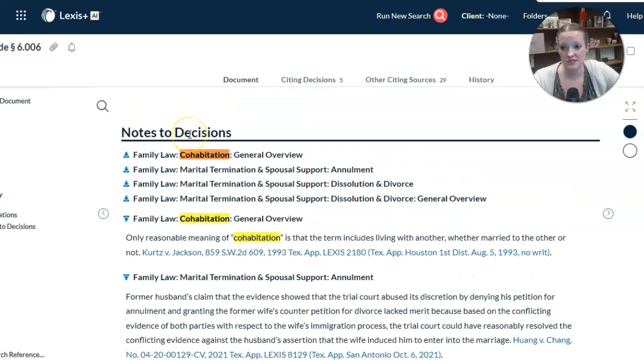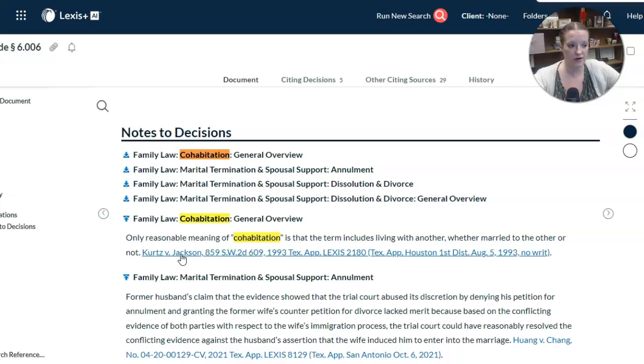So our notes to decisions are going to include summarizations of points of law from various cases, but these cases and summarizations are meant to help us interpret the statutory code section here, which would be 6.006, right? So only reasonable meaning of cohabitation is the term includes living with another, whether married or not. And then we see Kurtz v. Jackson, then we see our case citation.